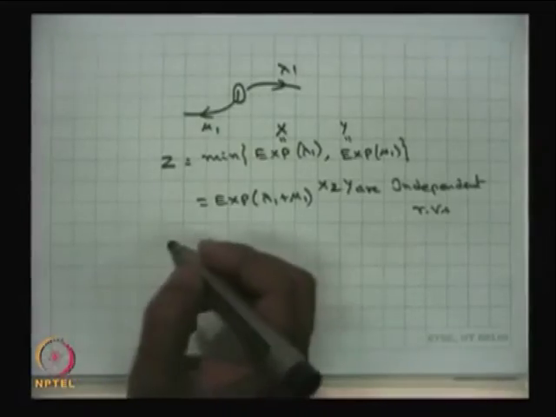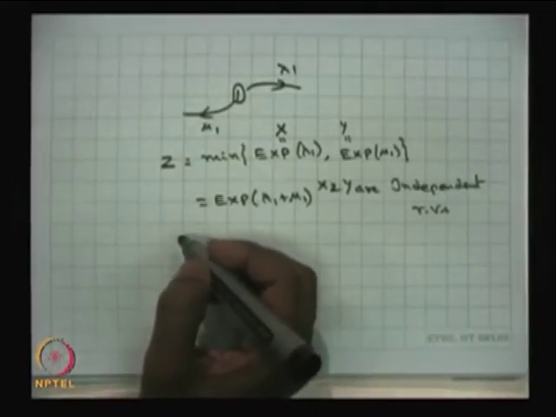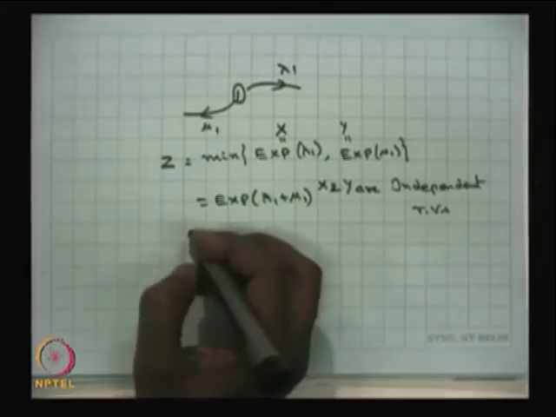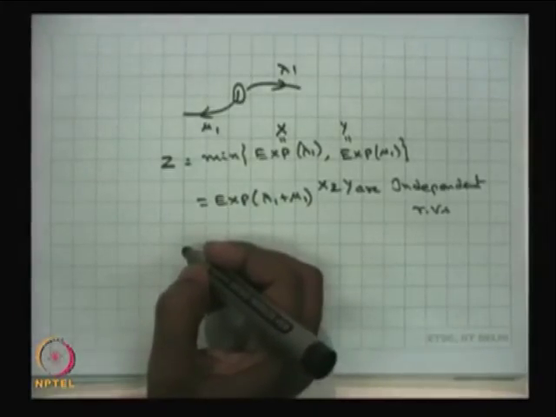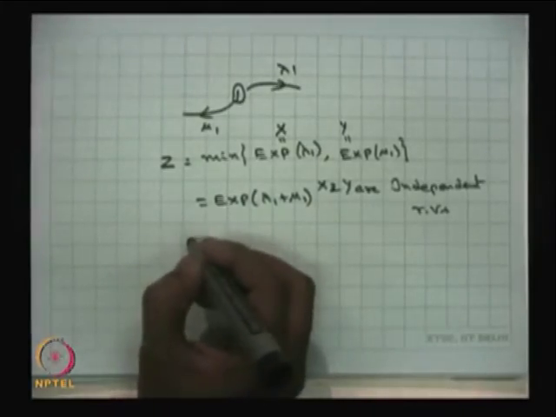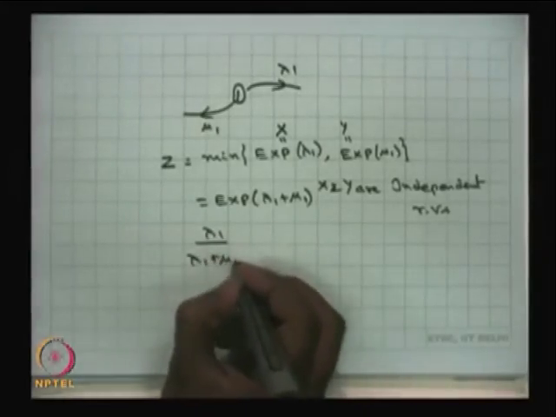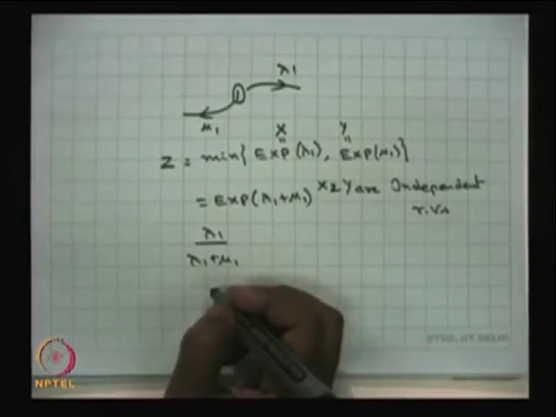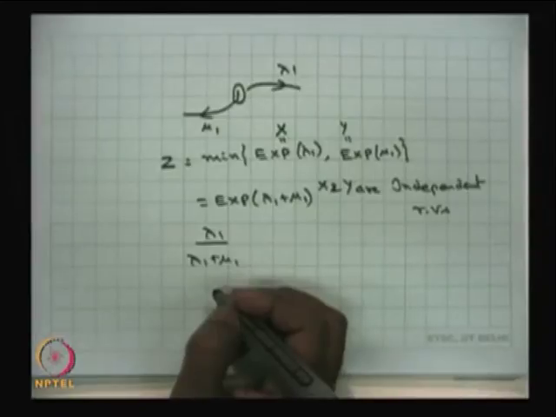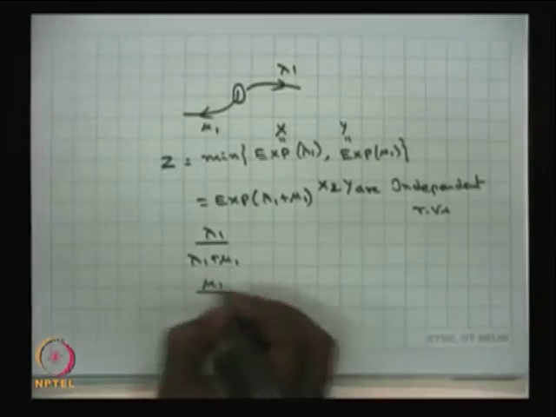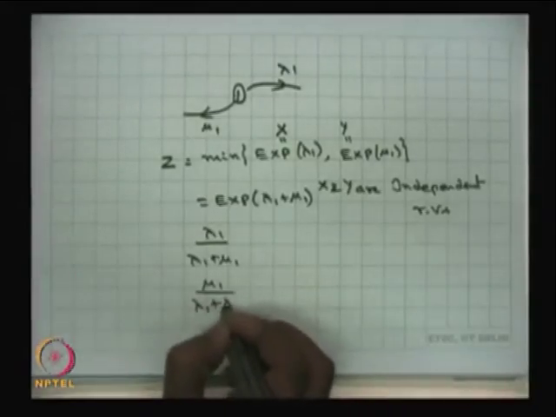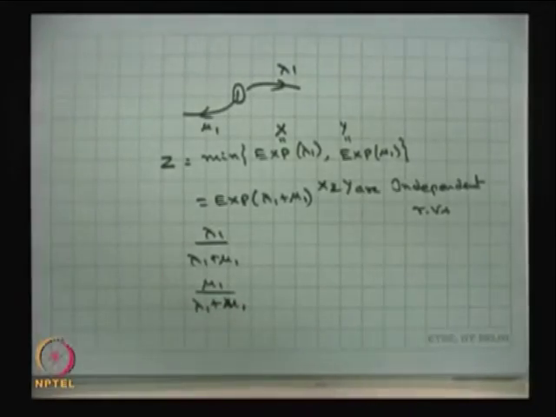Also, one can discuss the probability that the system moves into the state 2 before moving into the state 0, that is lambda 1 divided by lambda 1 plus mu 1. Similarly, the probability that the system moves into the state 0 before moving into the state 2 is mu 1 divided by lambda 1 plus mu 1, which one can also find out.